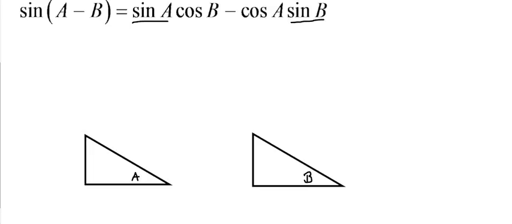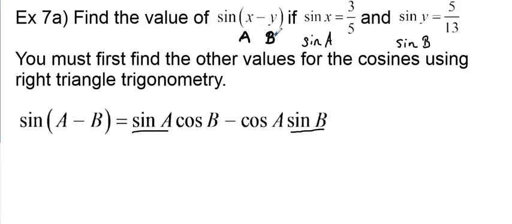Now we are given two things, the sine of A and the sine of B. Let me write those right here. So we are given, once again, the sine of A. We're told that is 3 over 5. And we are also given the sine of B, and that is 5 over 13.